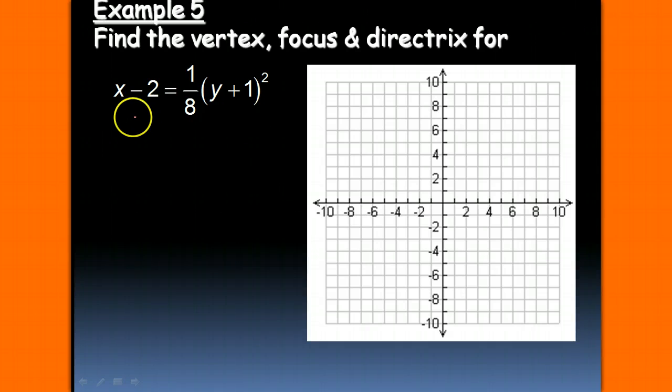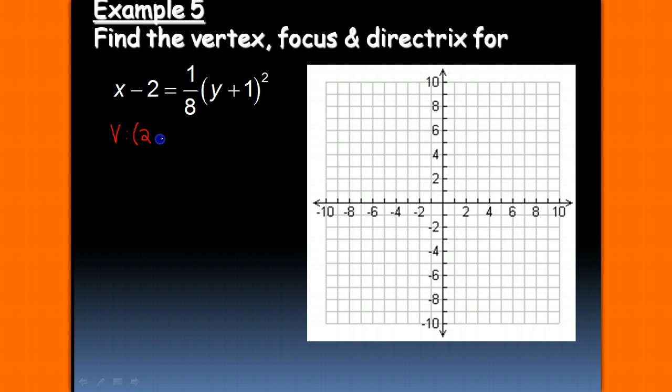So first thing is our vertex. Okay, so our vertex is going to be, this is x. We're using our x minus h formula right here. So this has got to be the x value at our vertex. And because we minus it, we're just taking the positive 2 right here. So it's going to be positive 2.